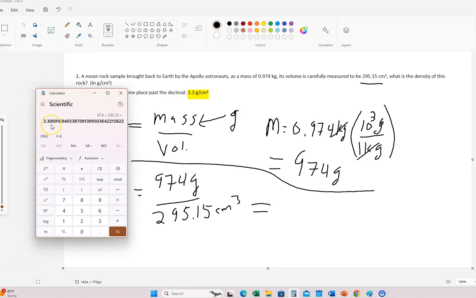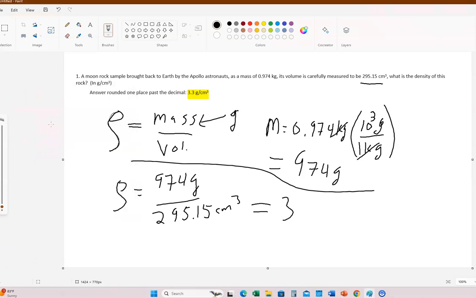So 3.3 grams per centimeter cubed. Remember in Blackboard you just type in the numerical value, and it said to round it to one place past the decimal. It says that right there. So that's the answer to the first one.